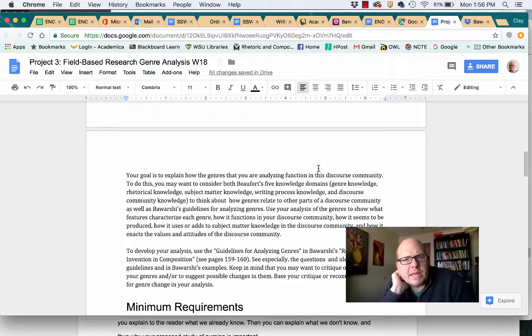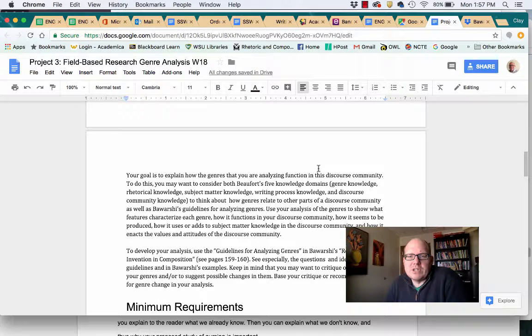Your goal is to explain how the genres that you are analyzing function in this discourse community. To do this, you may want to consider both Beaufort's 5 knowledge domains: genre knowledge, rhetorical knowledge, subject matter knowledge, writing process knowledge, and discourse community knowledge, to think about how genres relate to other parts of a discourse community, as well as Bawarshi's guidelines for analyzing genres, which we read a week or 2 ago.